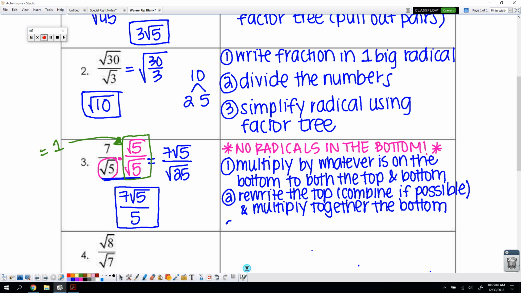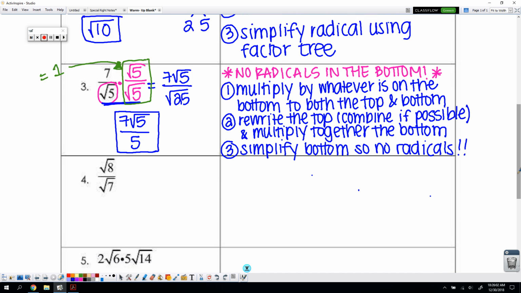And then your final step is going to be to simplify the bottom. So there are no radicals. Perfect. Alright, so our final answer was 7 square root 5 over 5.